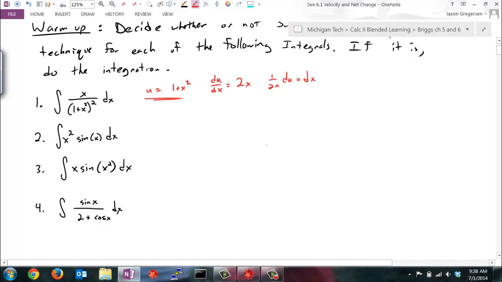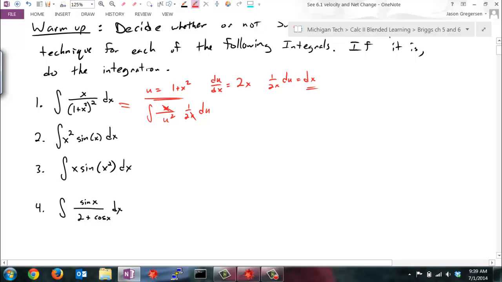So I have these values. I have my u. I have dx defined. I'm just going to plug these values in. This changes my difficult integral into an easier integral, where I have x over u squared instead of all that stuff squared. I replace the dx by what it's equal to, which is 1 over 2x du. I'm very happy because my x's cancel out.